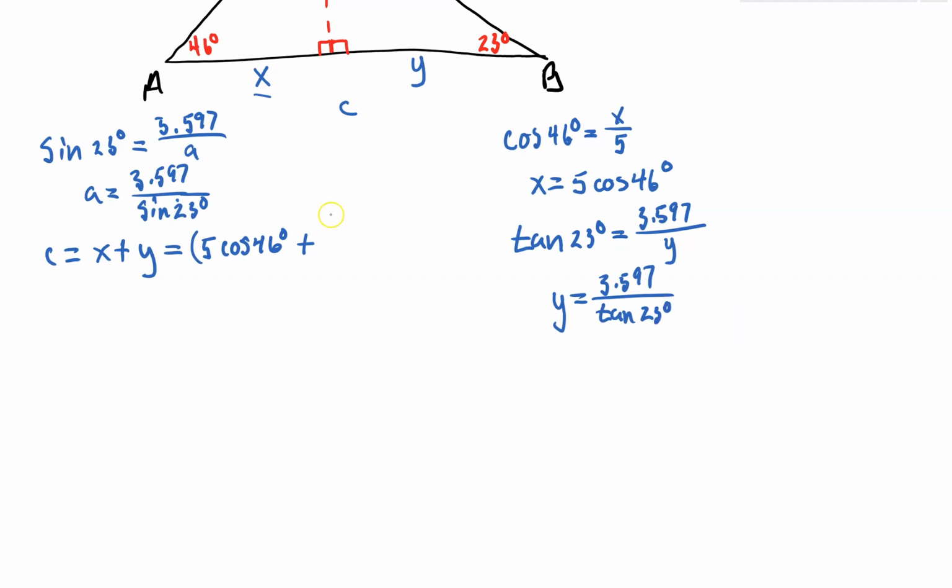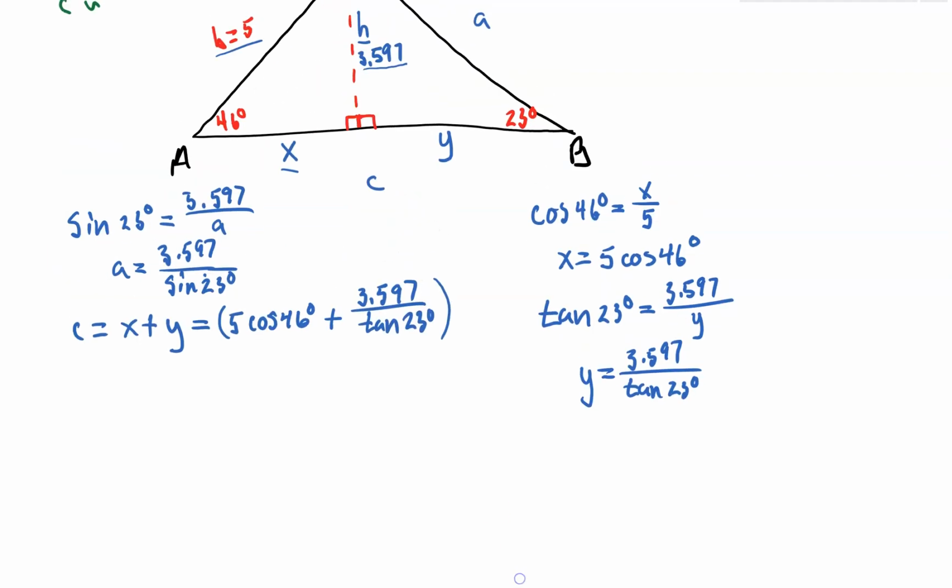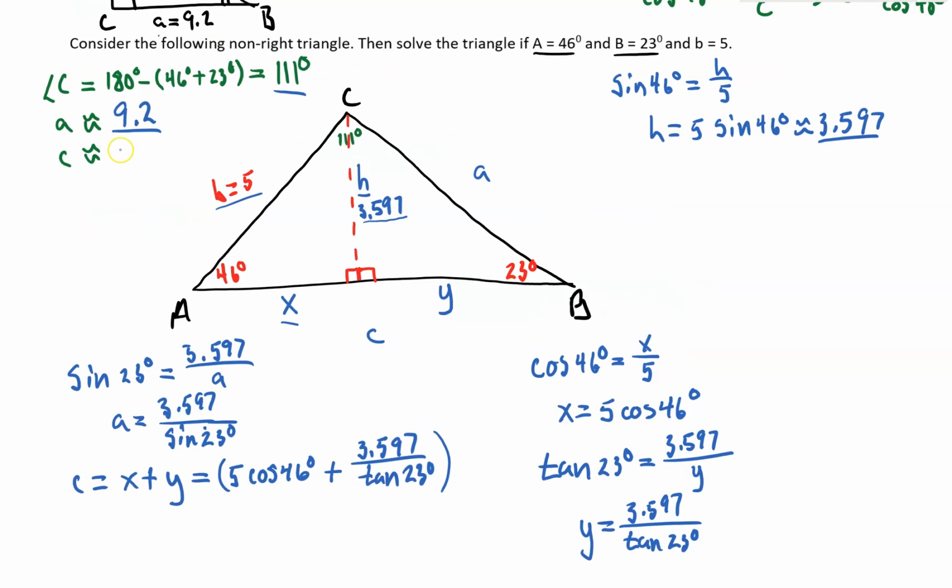So over here, 3.597 divided by the tangent of 23 degrees. I'm going to just put all that in so that I only have to do that once in my calculator and then round it off accordingly. In this case, once you've done that particular work, you should find that you have an answer that says 11.9. So, solved. I took a non-right triangle and I created a right triangle.